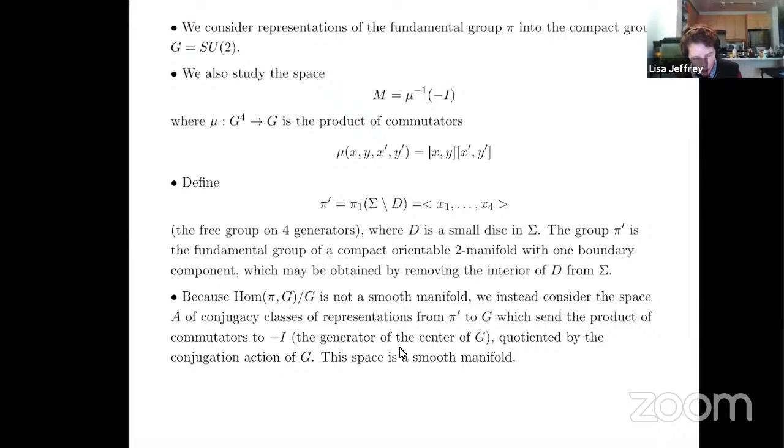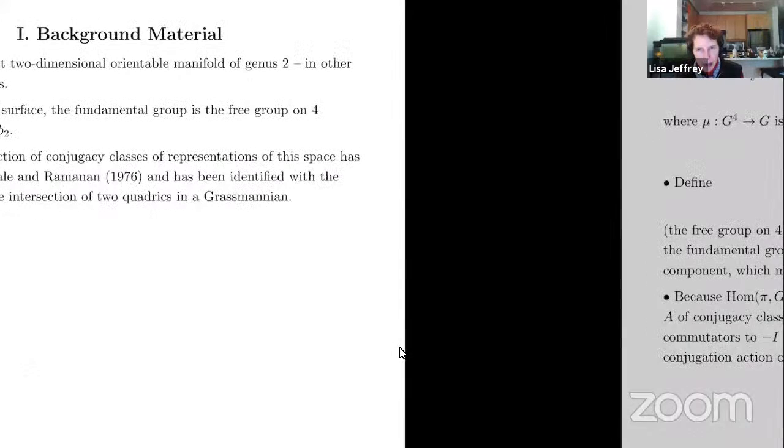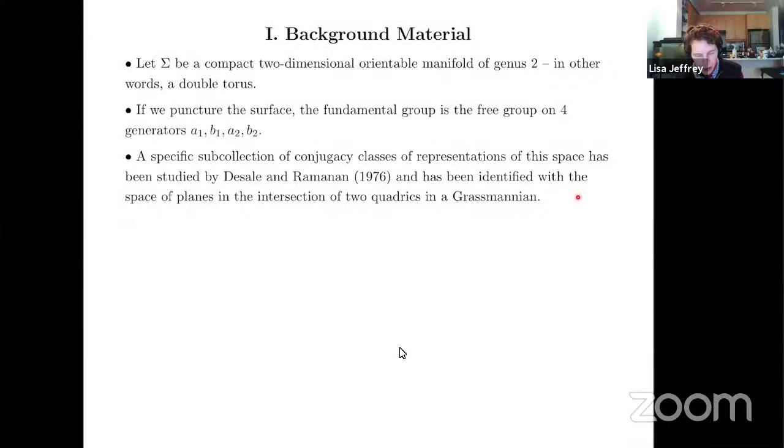That space has been identified and studied by Desale and Ramanan, and has been identified with the space of planes in the intersection of 2 quadrics in the Grassmannian.